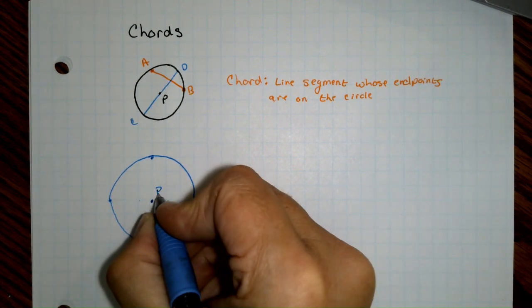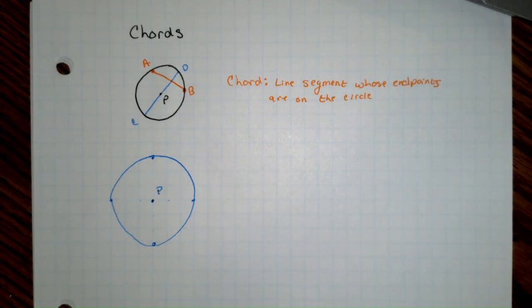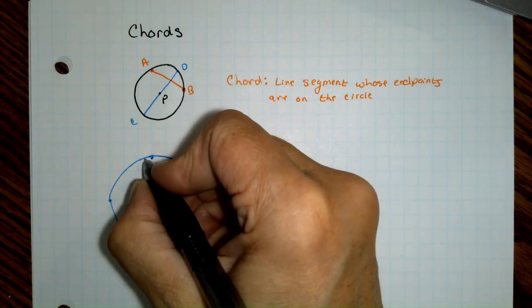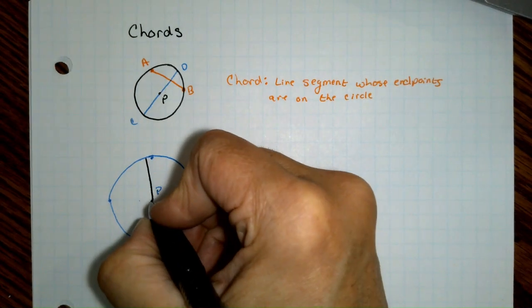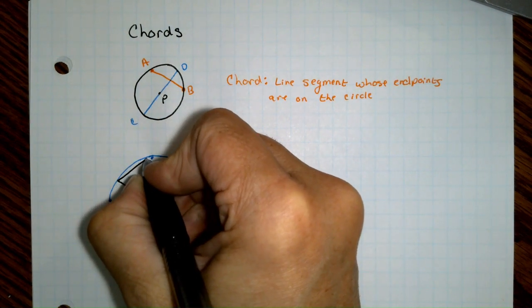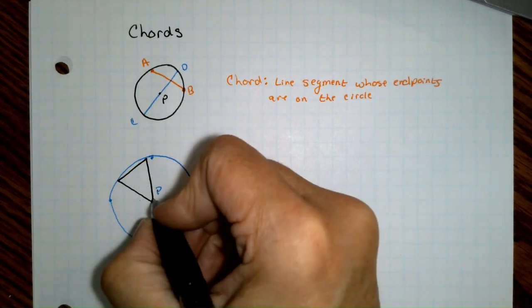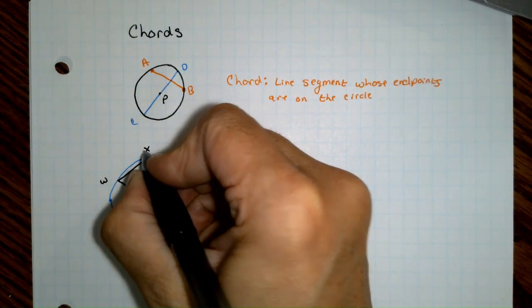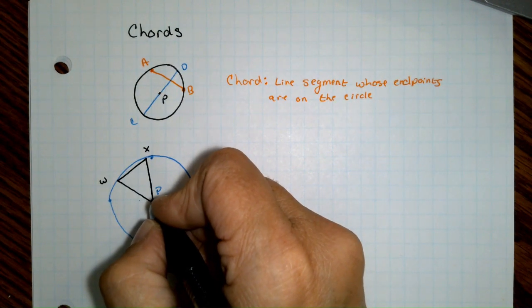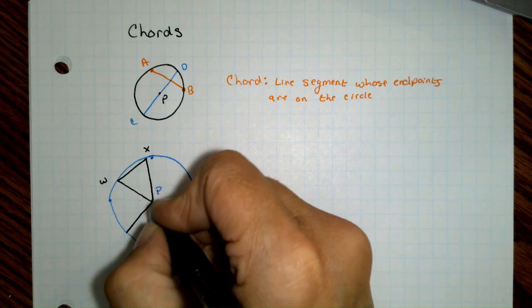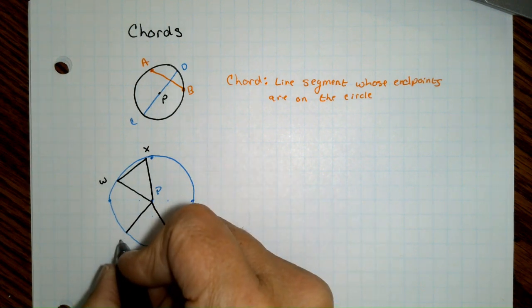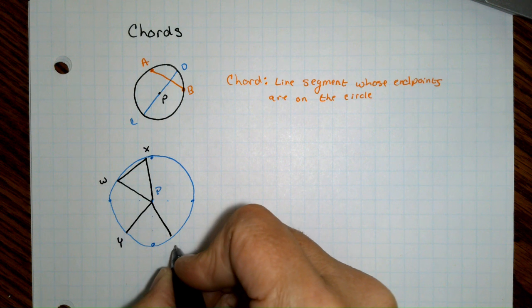Takes a little less time. Okay, so if I were to draw where this is W and this is X. And this is Y and this is Z.